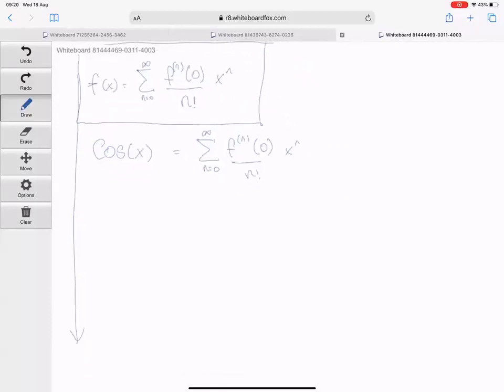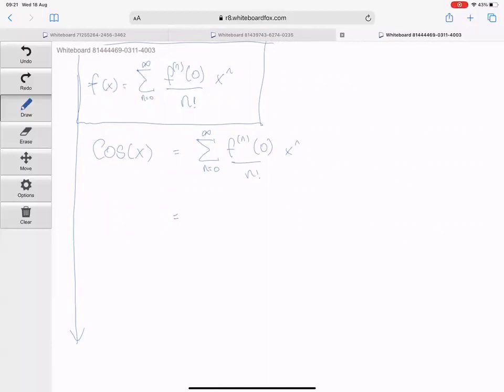So if I want to find the first term, that's going to be when n is 0. So when n is 0, I don't differentiate the function at all. When n is 1, I differentiate once. When n is 2, I differentiate twice. So f bracket 0 of 0 means don't differentiate and then evaluate at 0.